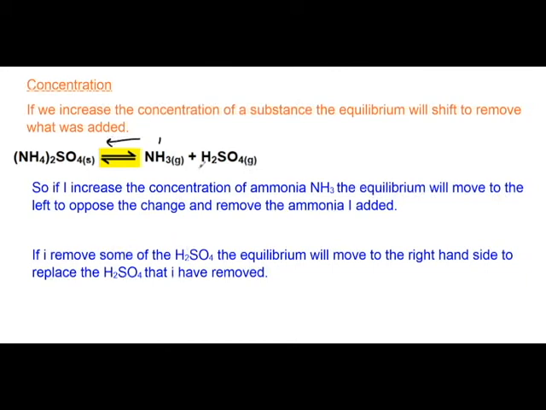The reason it does that is because it's trying to oppose the change and remove the ammonia that I've put into the mixture. If you were asked in the exam what would happen to the equilibrium if I increase the concentration of ammonia, you'd say the equilibrium will move to the left hand side in this case to oppose the change and remove the ammonia that was added.